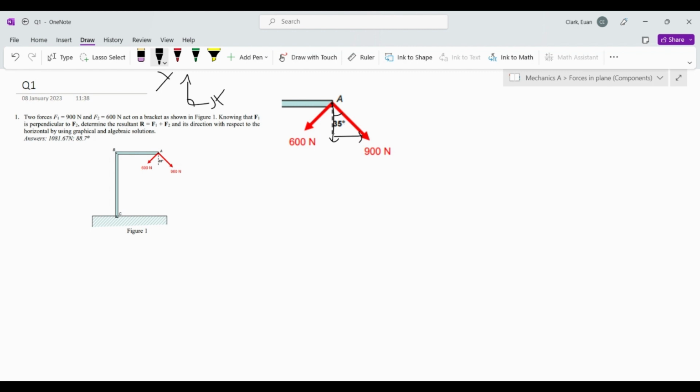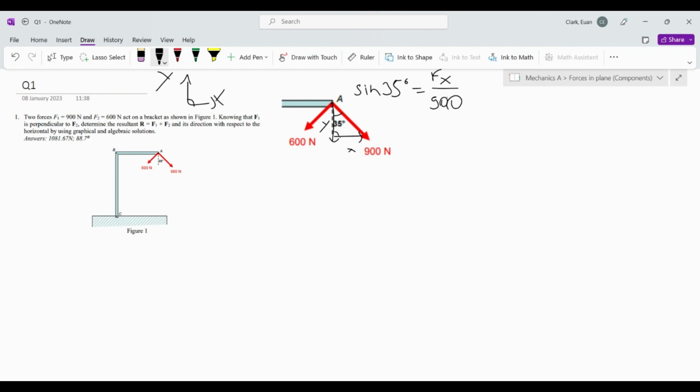These are perpendicular, this is the x and this is the y. Let's try this. For example, the sine of 35 degrees is going to be equal to the opposite, which is x, the x component, over the hypotenuse, which is 900.